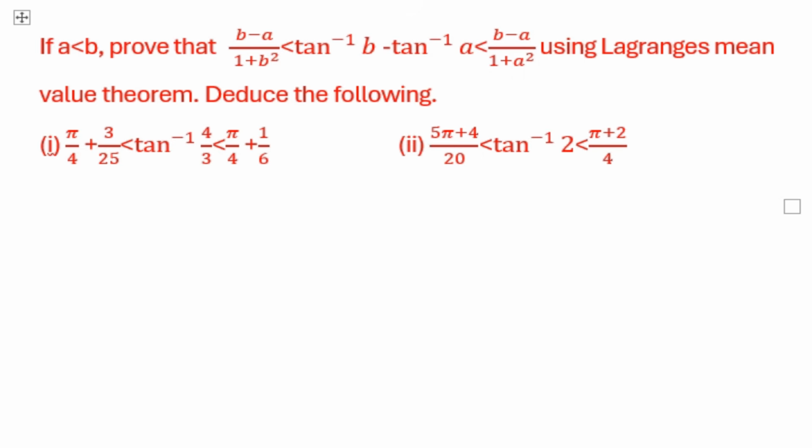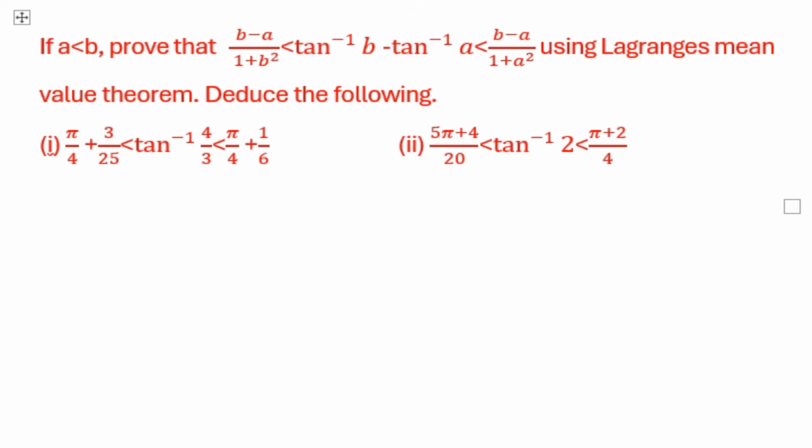If a is less than b, prove that (b minus a) by (1 plus b square) is less than tan inverse of b minus tan inverse of a, which is less than (b minus a) by (1 plus a square). Using Lagrange's mean value theorem, deduce the following.